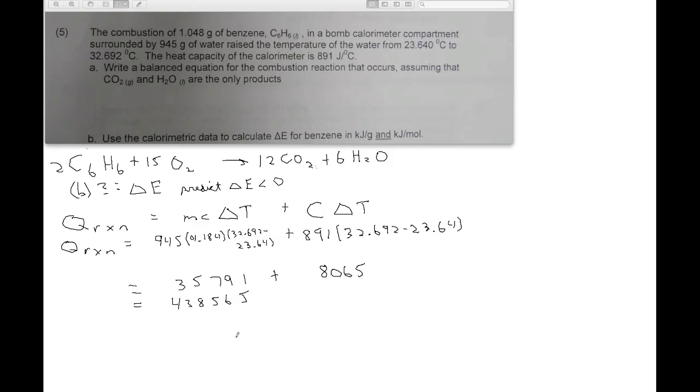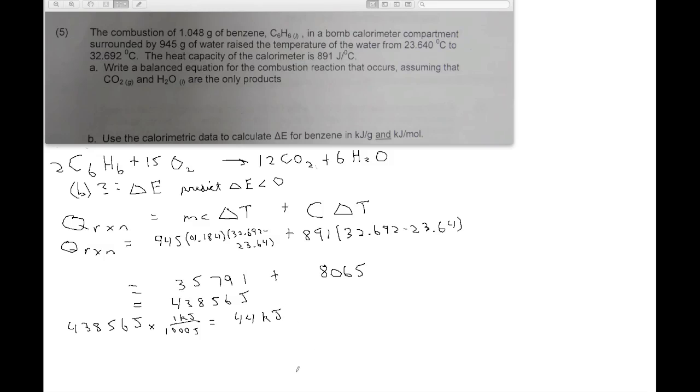And since they want our calorimetric data in kilojoules per mole and kilojoules per gram, we can take this number and divide it by 1,000 joules per 1 kilojoule, and we'll get negative 43.85 kilojoules.